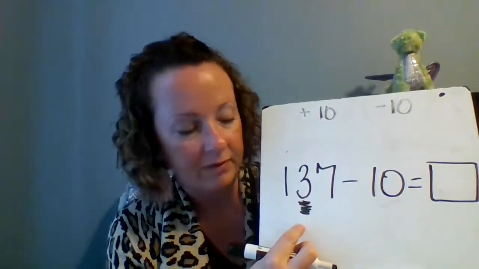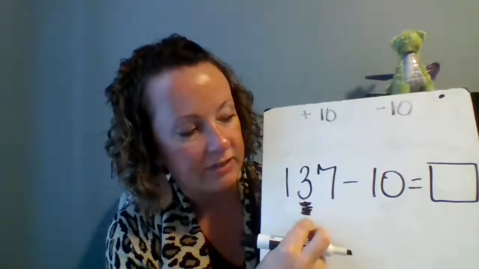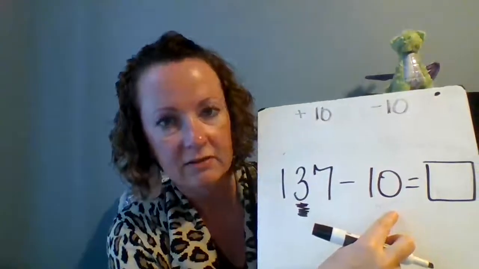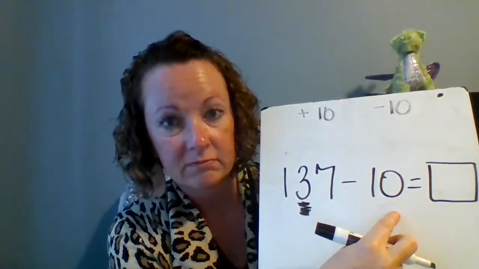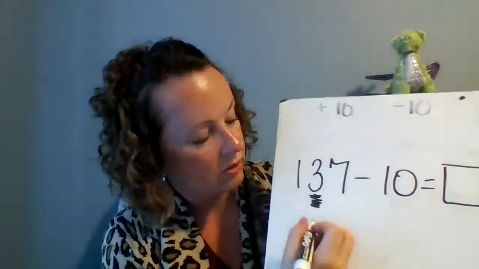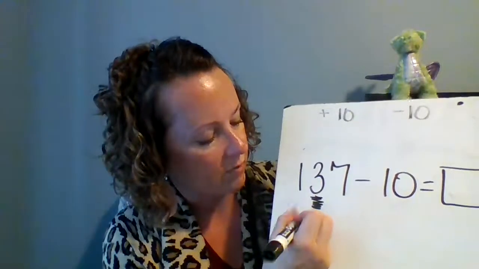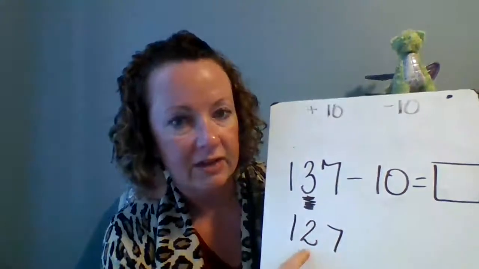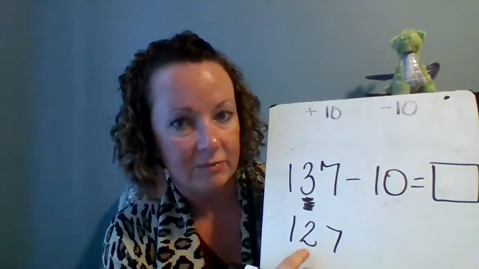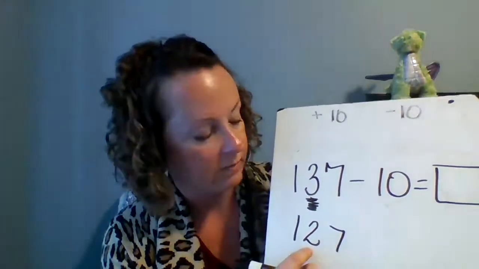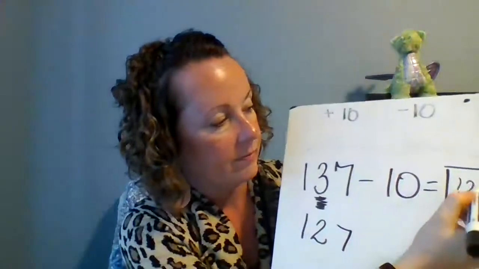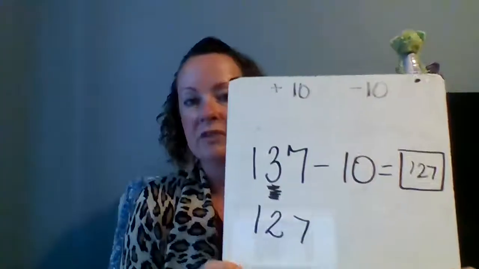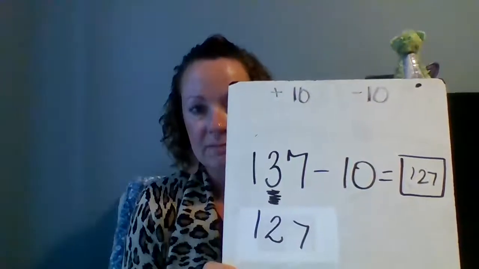That's it. Okay? So if I've got 3 sticks of 10 and I take away a stick of 10, how many are left? 3 minus 1 is 2. So I've got 127. Everything else stayed the same except the number in the tens place. Same thing will work with hundreds, but let's just focus in on tens for this lesson, okay?